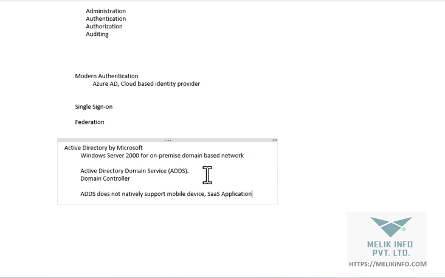It cannot support them. And what about line of business applications which need modern authentication? Active Directory won't be able to fulfill this requirement.